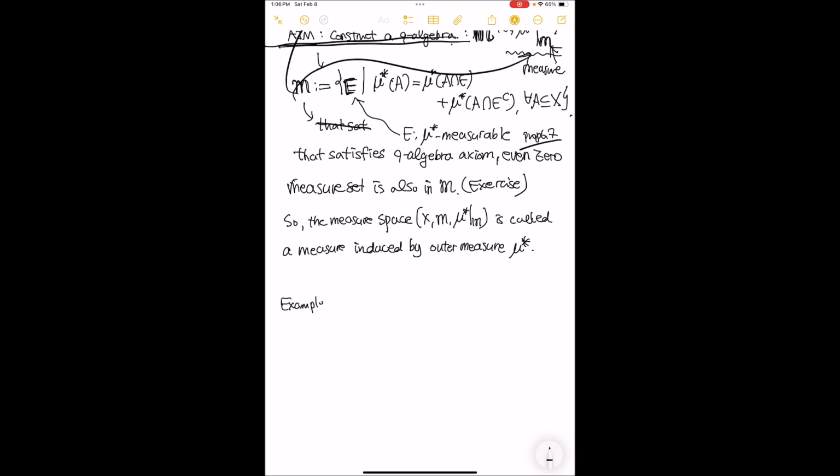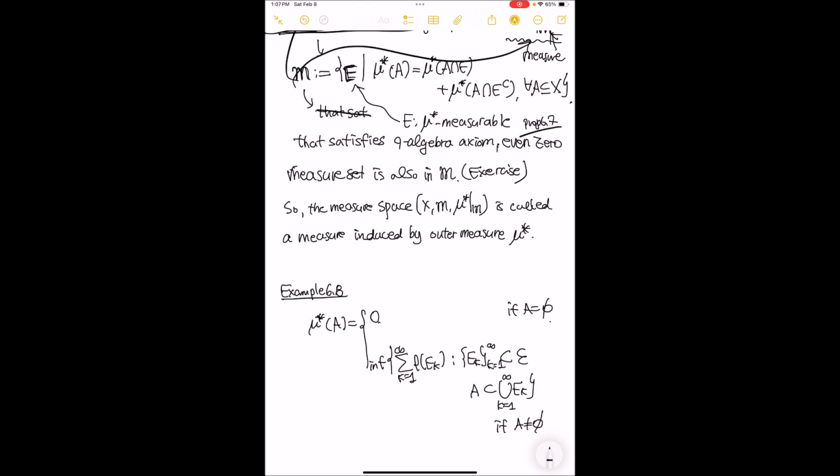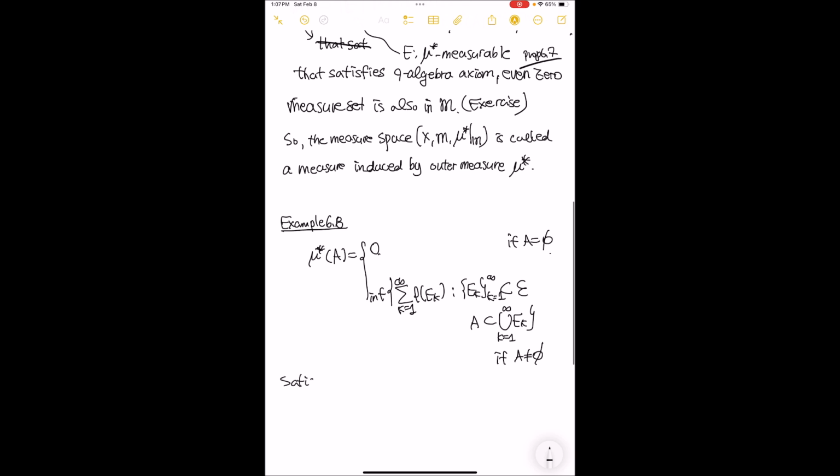Let's see example 6.8. If we define the following set function, it satisfies the outer measure properties.